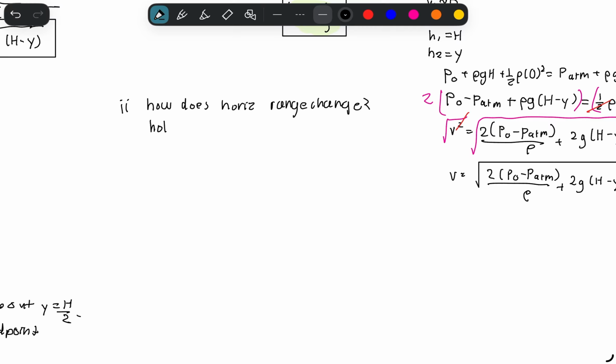So we know that our hole is still at height y. So vertical motion stays the same.